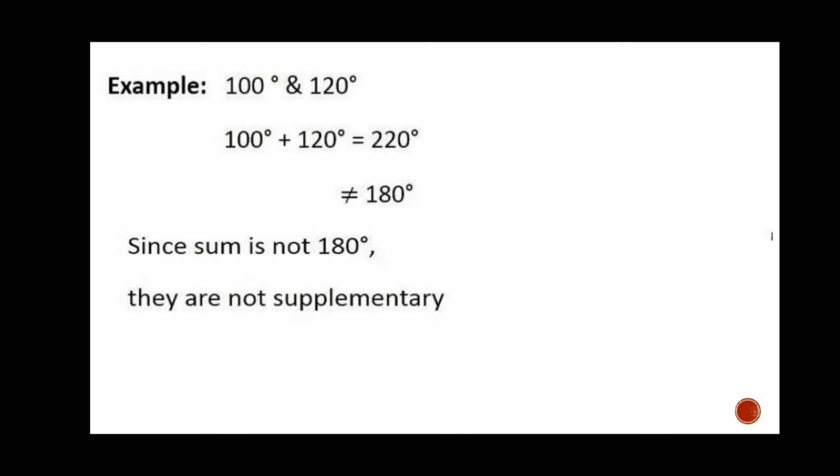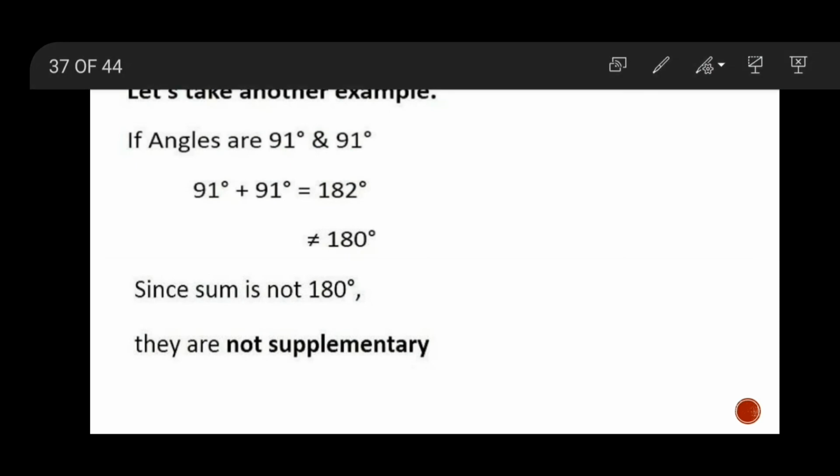Angle 1, let's say 100 degrees, and angle 2 is 120 degrees. When we add 100 plus 120, we get the sum 220 degrees, which is not equal to 180 degrees. So since the sum is not 180 degrees, they are not supplementary. Now let's take another example.